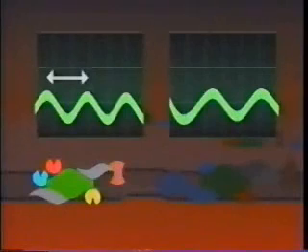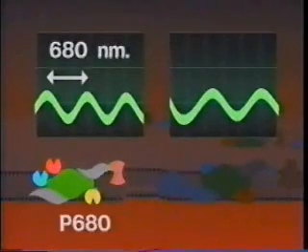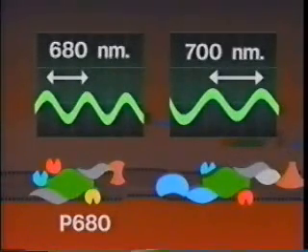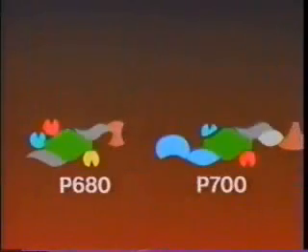For one, the average wavelength happens to be 680 nanometers, so it's called photosystem 680, or P680 for short. For the other photosystem, the average wavelength is 700 nanometers, so it's called photosystem 700, or P700.